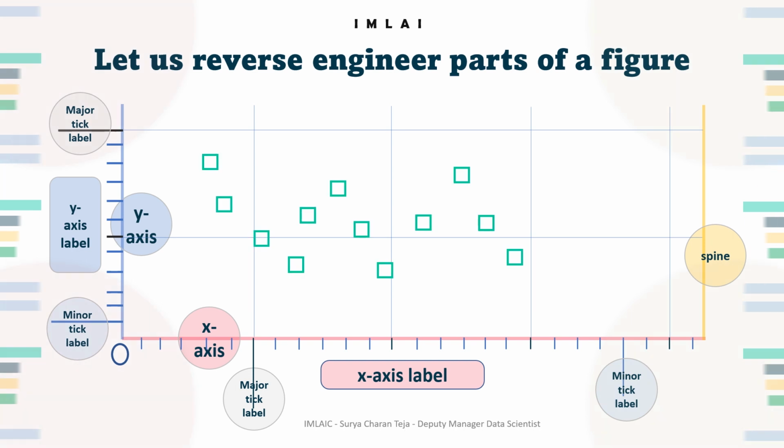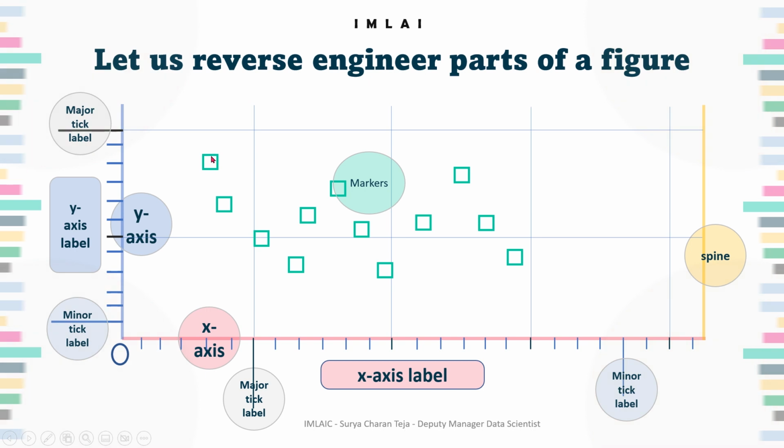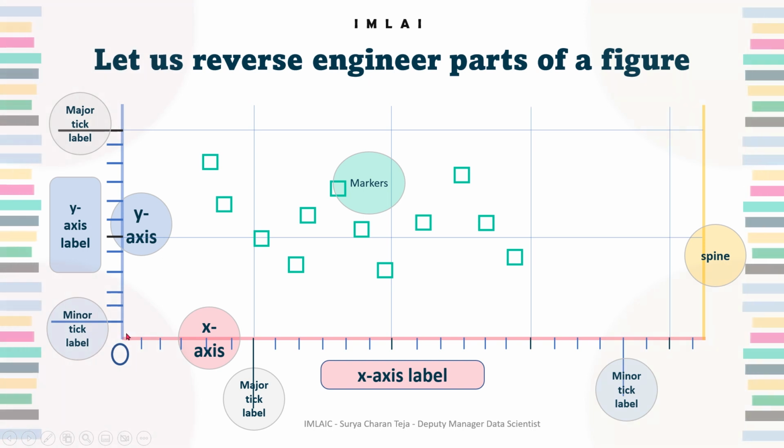So then what's the next part we are going to check? So next thing what we have is markers. These are all called markers. If you use a scatter plot, we use a marker. What does this marker represent? It represents a point of both the coordinates, x-axis as well as y-axis. For example, if you take this point, if you take 0, 0, this is the origin, and then 1, 2, 3, 4.